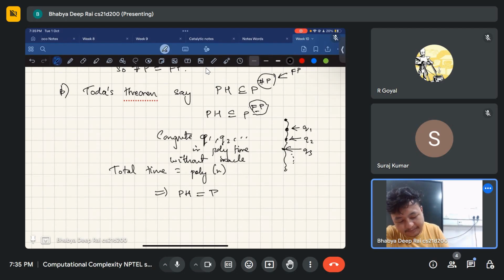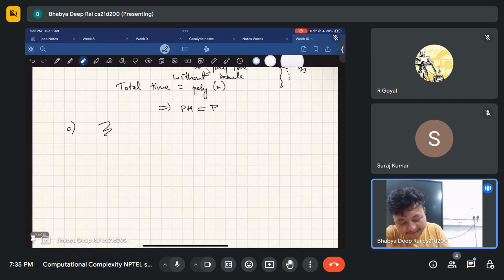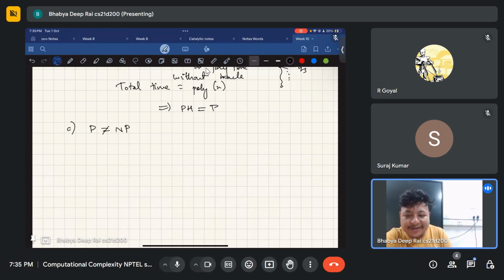And let's look at C. So the first two are correct. Final one: P is not equal to NP. This is the question there, right?